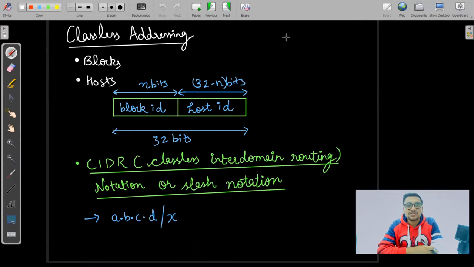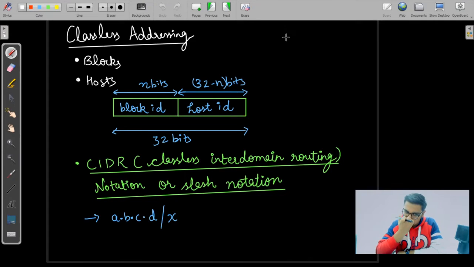In class A, you get 128 networks, and for each network approximately 16 million hosts. But what if you require just 1,000 hosts? Then you will have to look for some other classes.